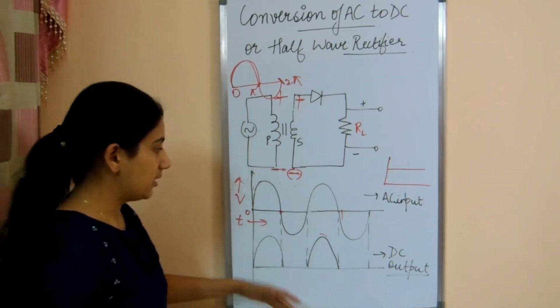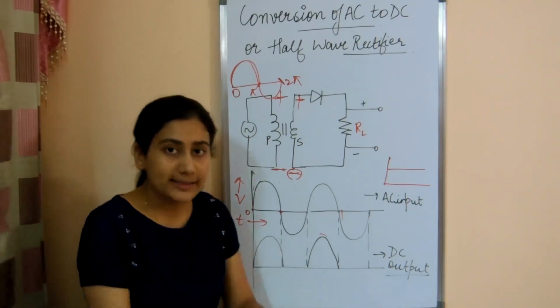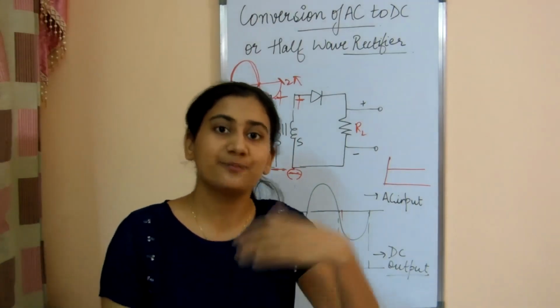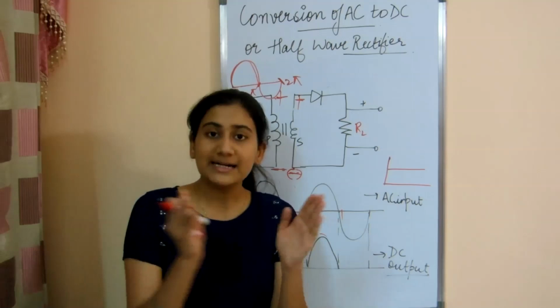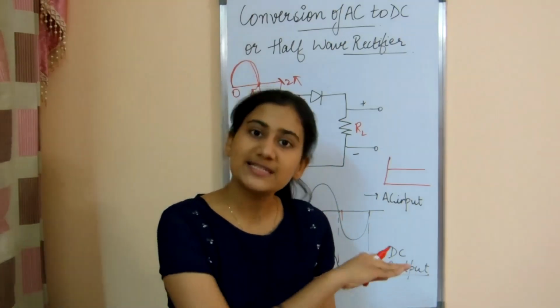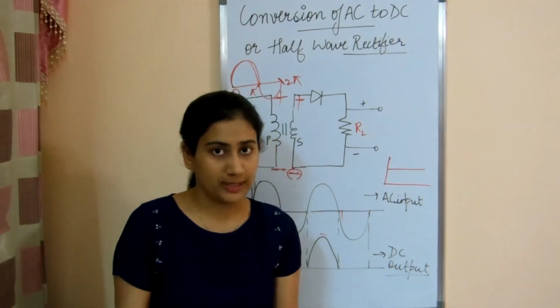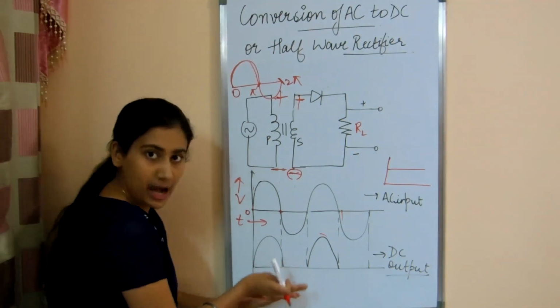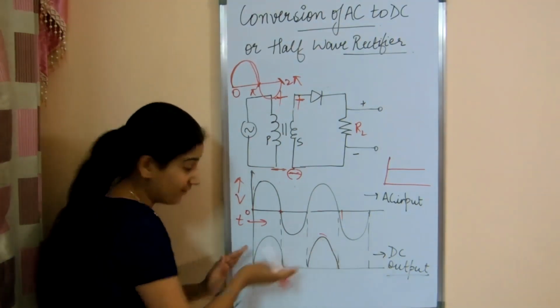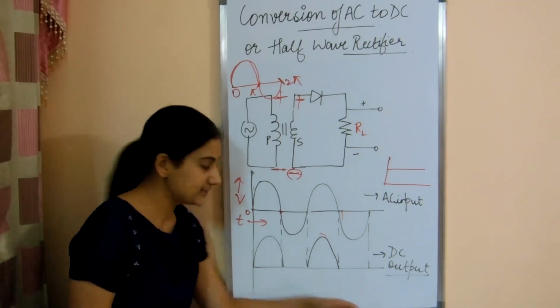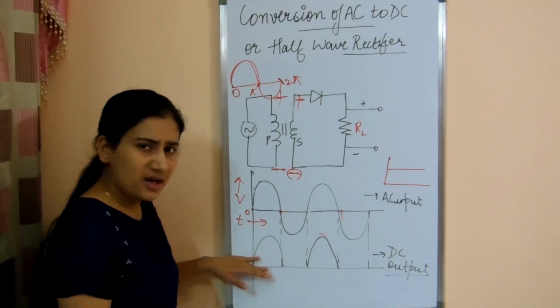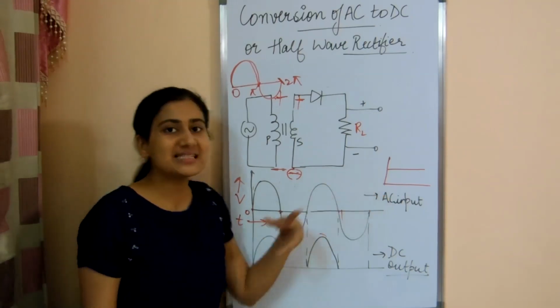So what happens here? We know that alternating current is the current which has positive and negative voltage after a particular cycle. But DC is a current which has positive voltage only. So here we have got an output which has positive voltage only. It does not have any negative voltage. That means this is DC. But we all know that DC is a steady current.